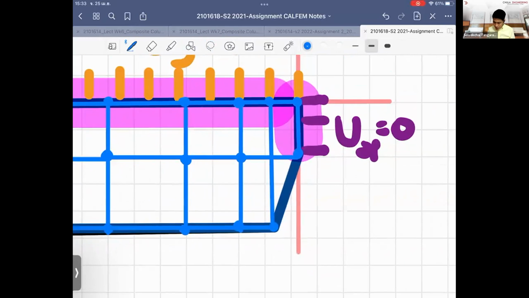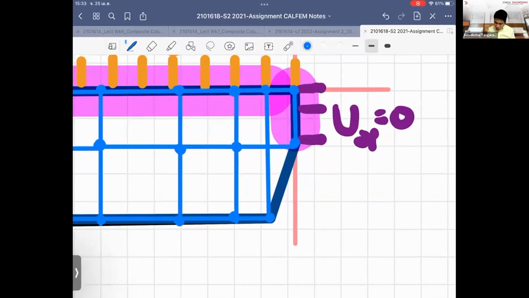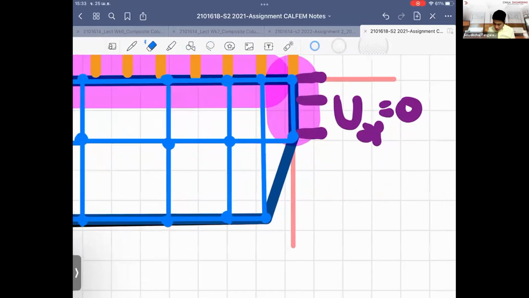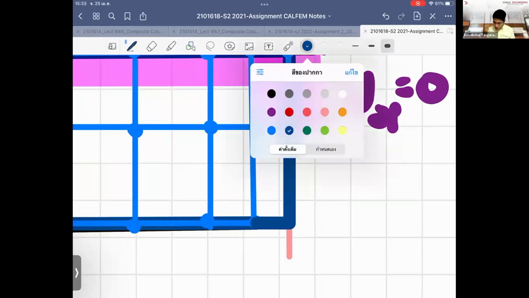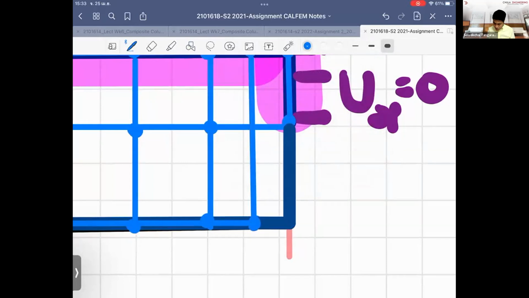But because I drew it too much like a triangle, but in our problem, this is not a triangle. In our problem, this is more or less like a square. So that's why you can allocate the node.